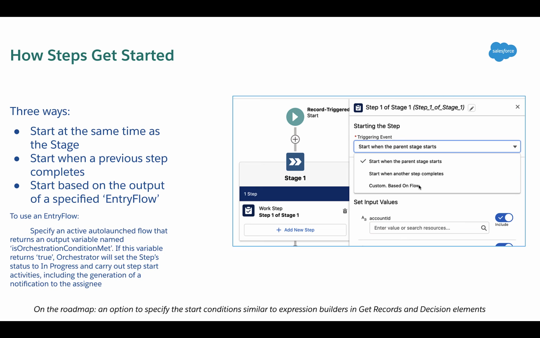And the third and most powerful option is you can essentially provide your own flow, your own auto-launched flow to make the call, and it will run each time the orchestrator evaluates this unstarted step. And depending on what you return from your flow, orchestrator will either start that step or carry on.